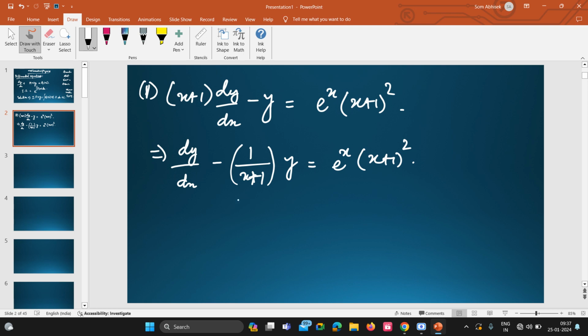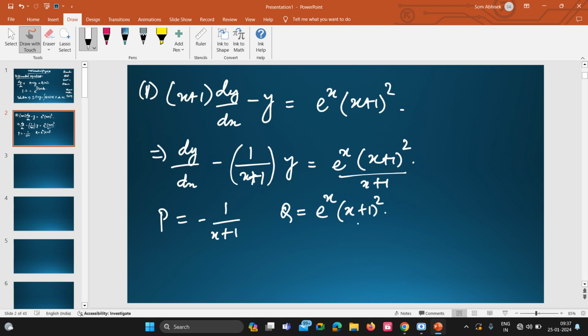Here p is minus 1 by (x plus 1), and q is e to the power x into (x plus 1). You can divide by x plus 1 on this side also, so the whole square will become x plus 1.